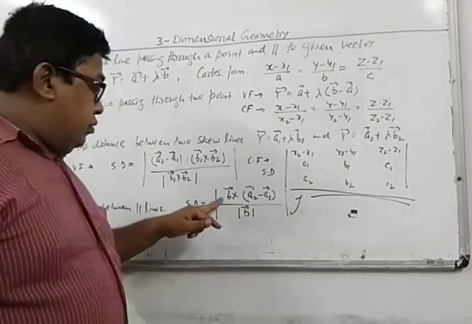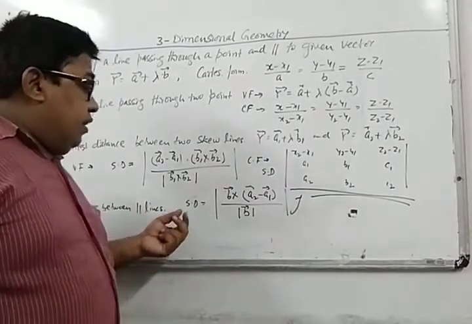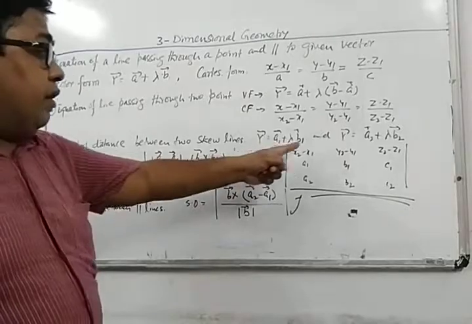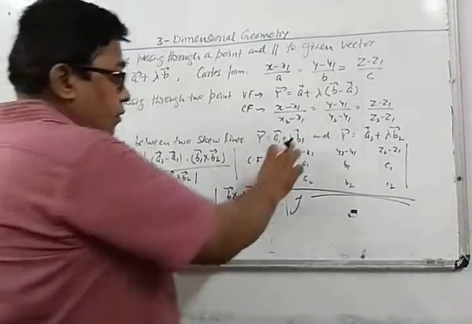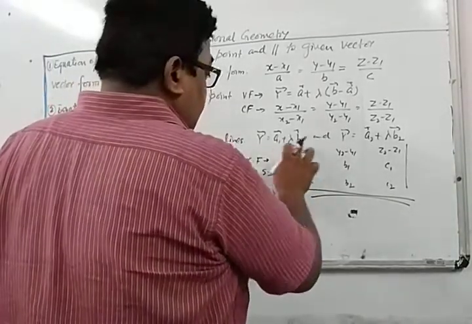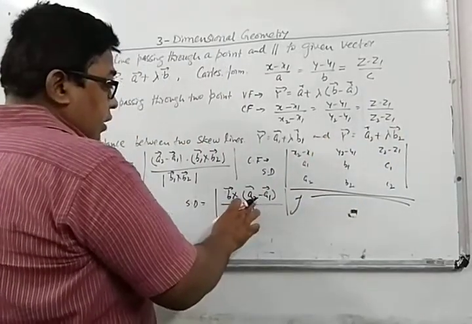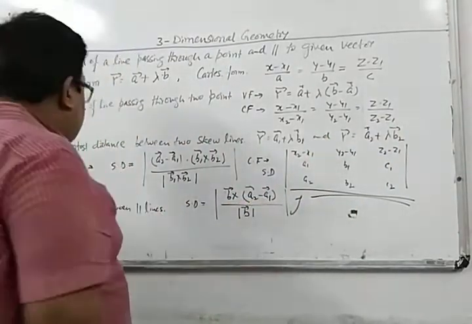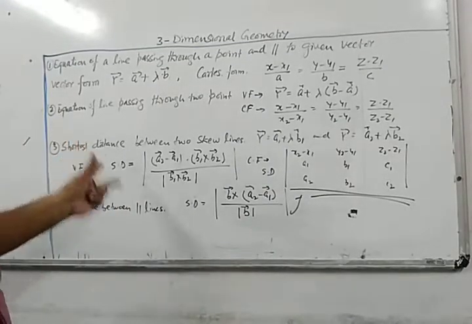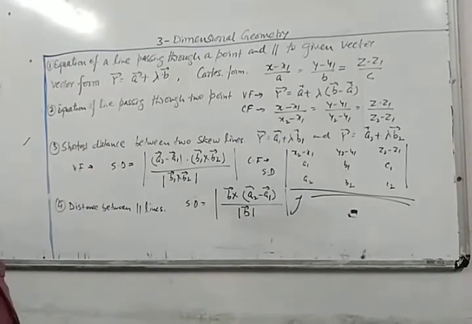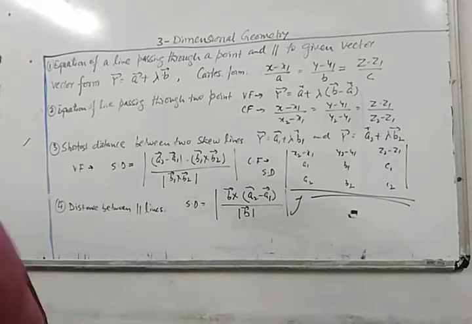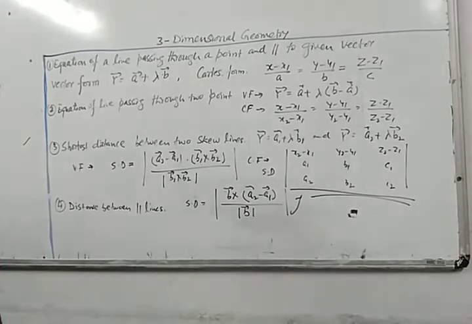When the lines are parallel, both are parallel to one single vector b, so the distance is |b × (a2 − a1)| / |b|. These are some applicable formulas. Now we will start exercise 11.2.